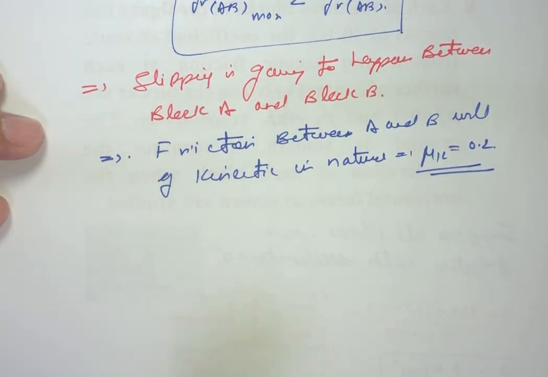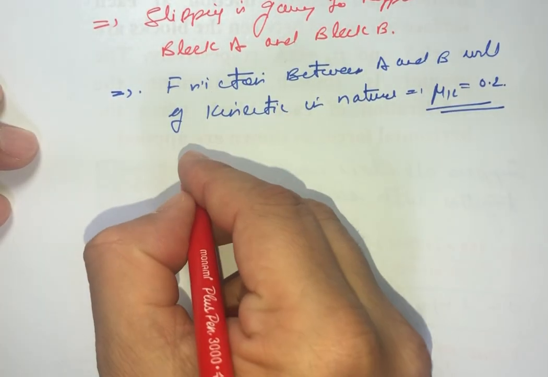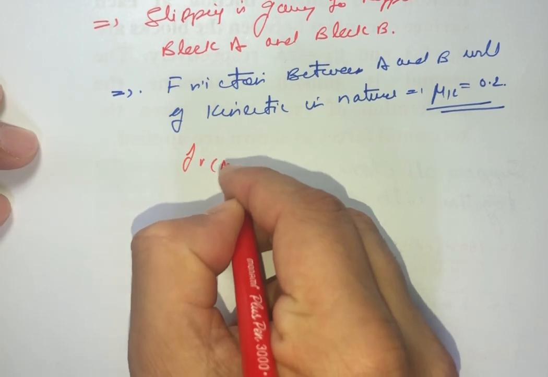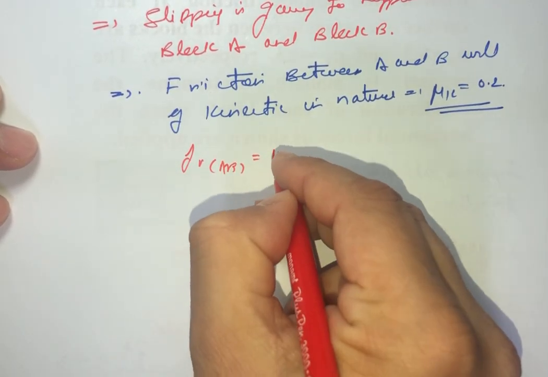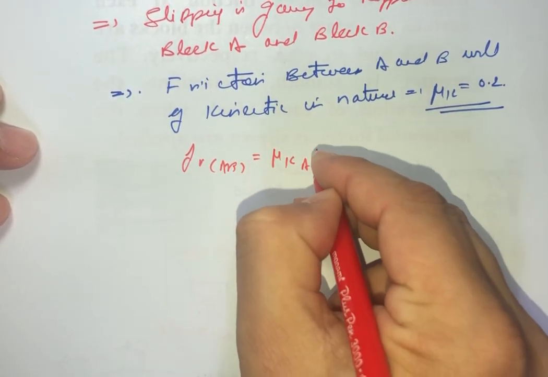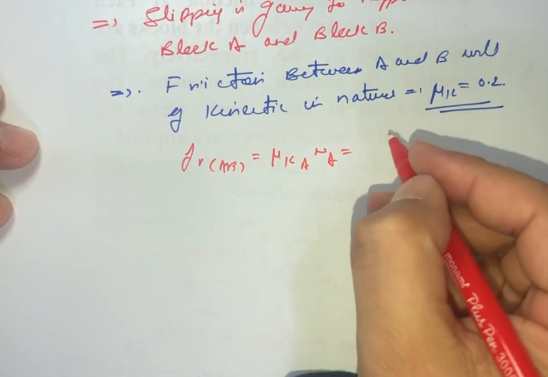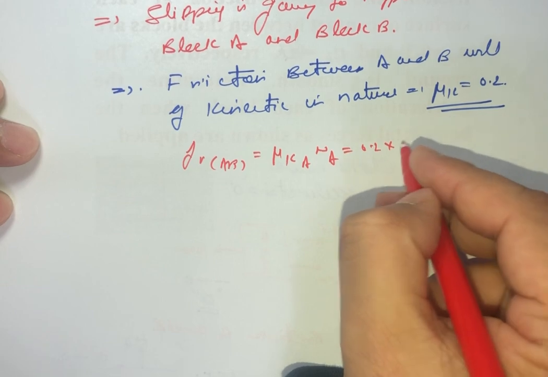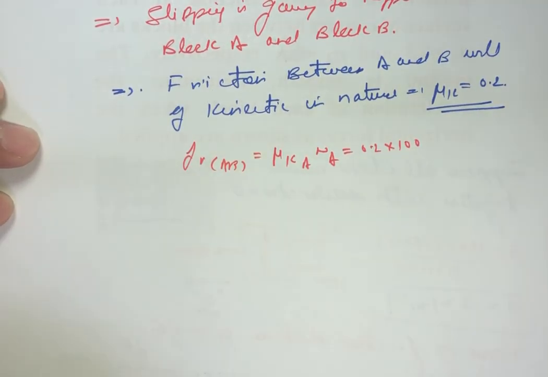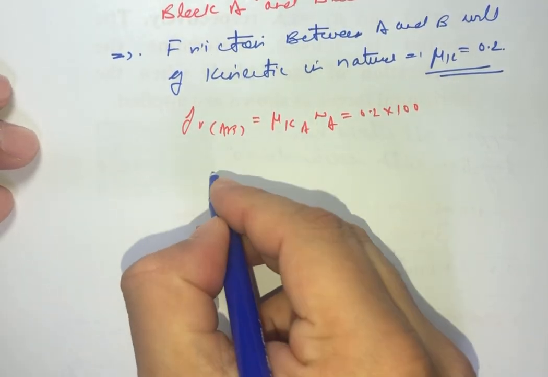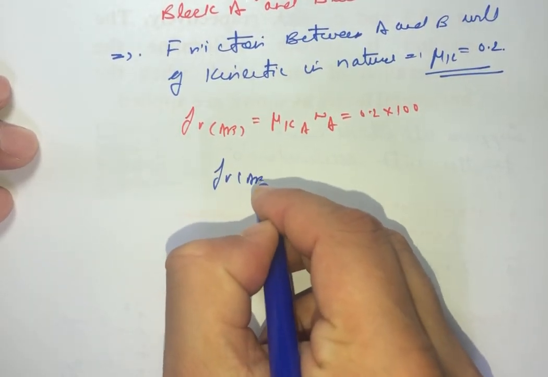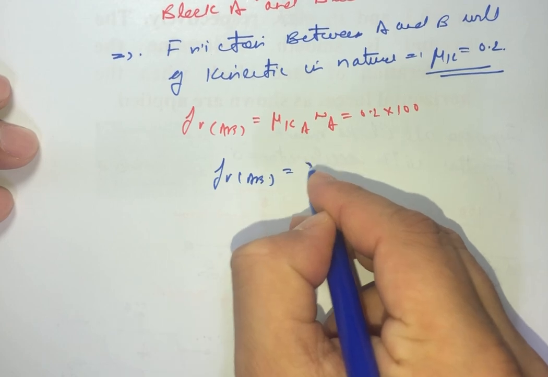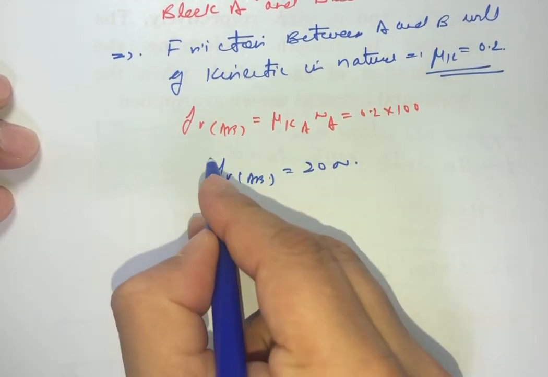So in this condition FRAB will be equal to mu k into NA, and we already know mu k is 0.2 and NA is 100. So here we find that the friction FR between A and B will be coming as 20 Newton.